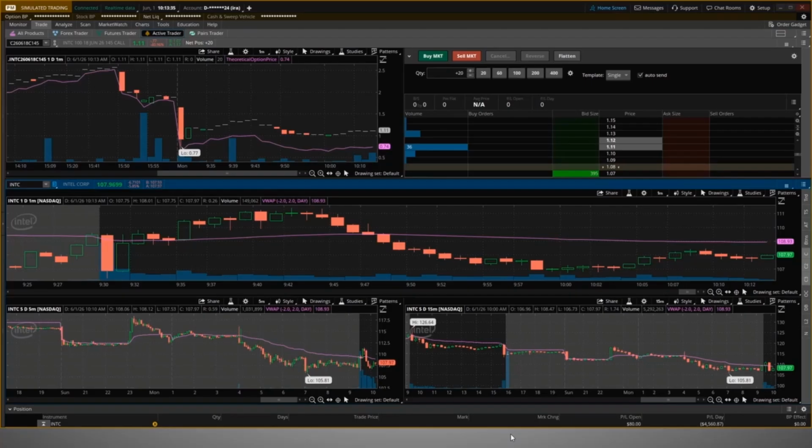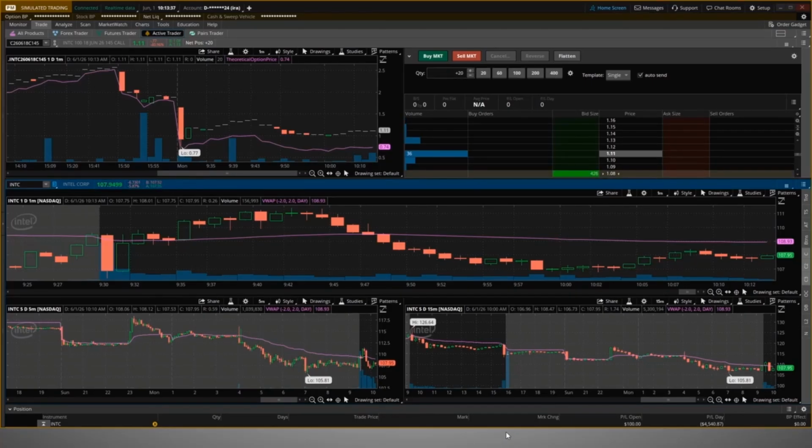I do believe that if it goes to 108 and breaks it and goes higher, then I have a better chance of actually holding the position.